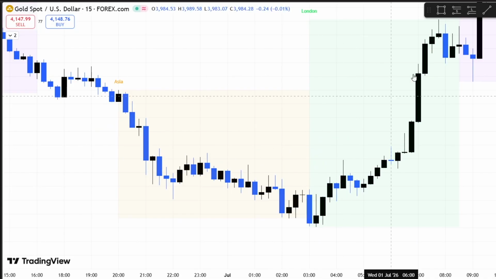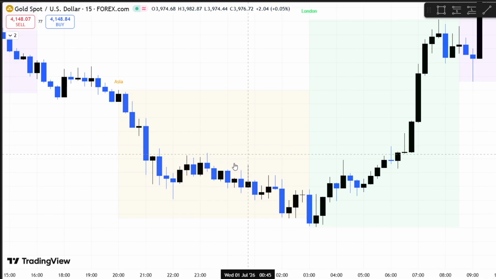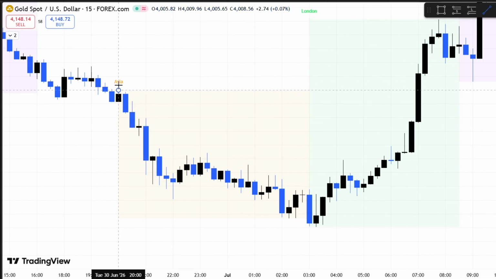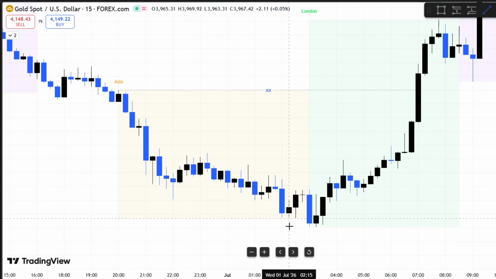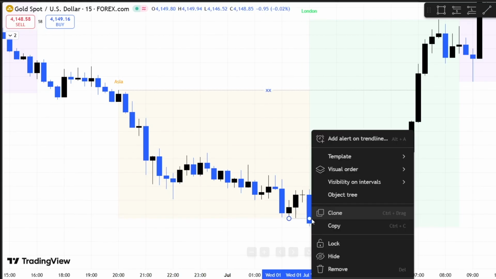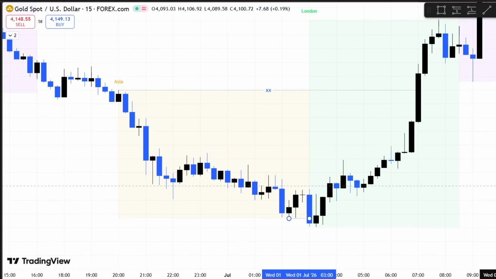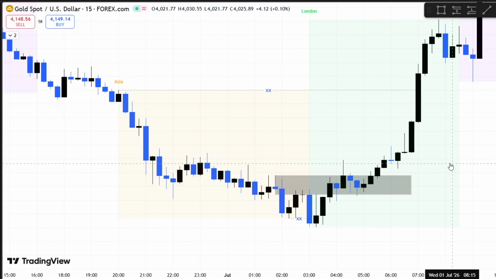This is our last example. You can see that price is coming out in the Asia session. We have our Asia high, and we would mark it, as you can see. We also had our Asia low. After the Asia low, we would mark out any form of consolidation that we are seeing.